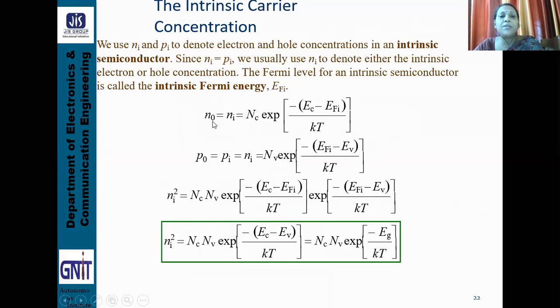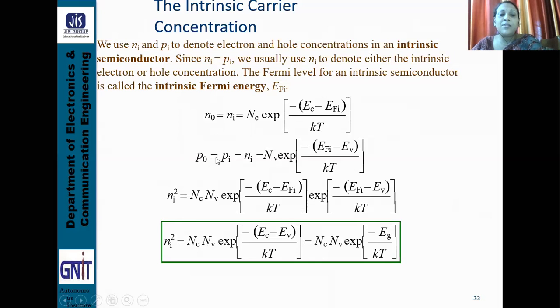But for an intrinsic semiconductor there is no concept of majority charge carriers in the conduction band; the electron concentration present in the intrinsic semiconductor is Ni, and similarly there is no concept of holes present in the valence band.